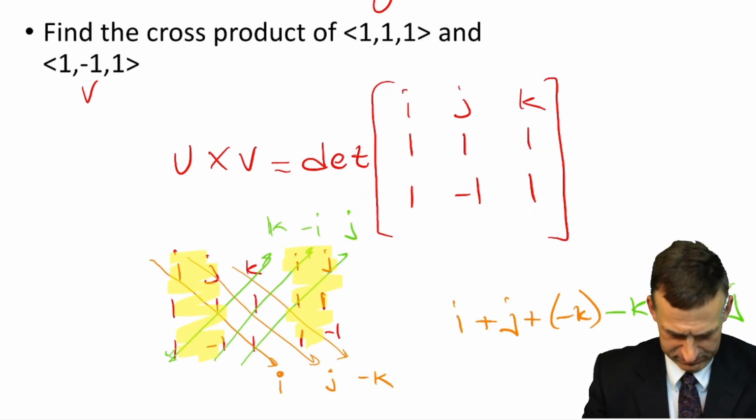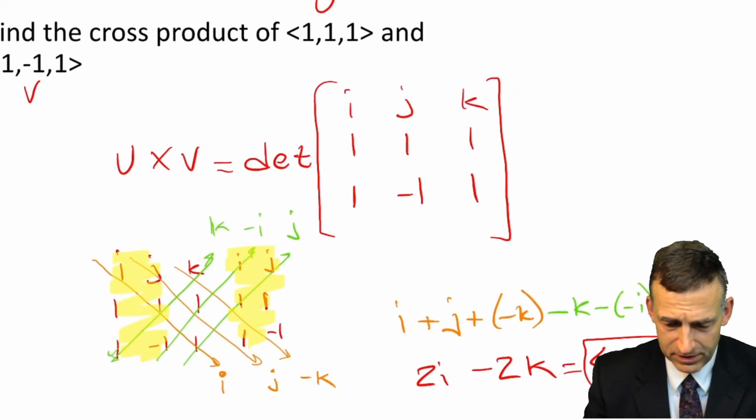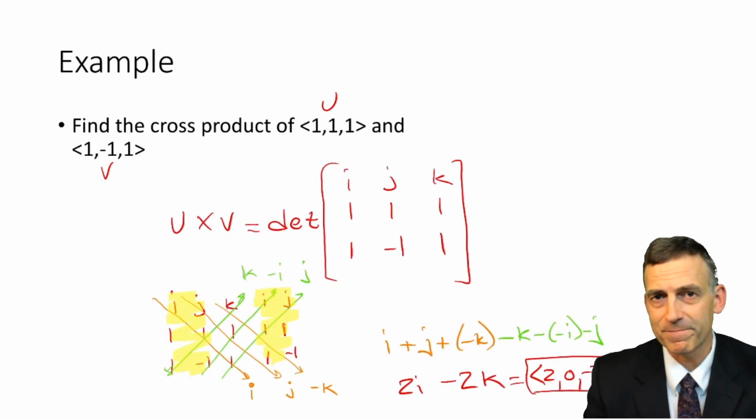It looks like 2i, the j's are going to cancel, minus 2k. I could write this like this: 2, 0, negative 2. And that is the cross product of these two vectors up here.